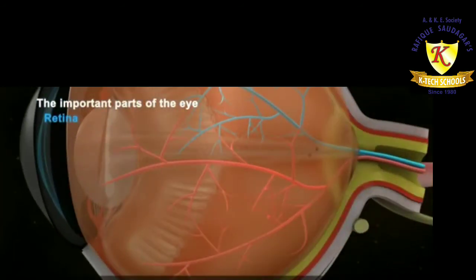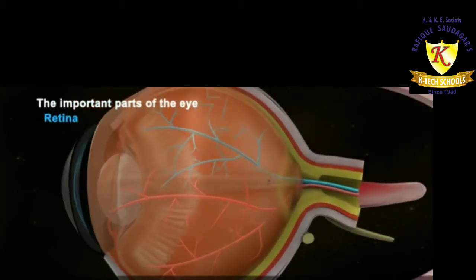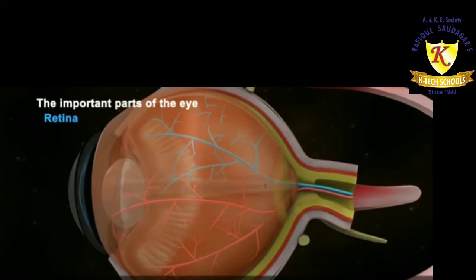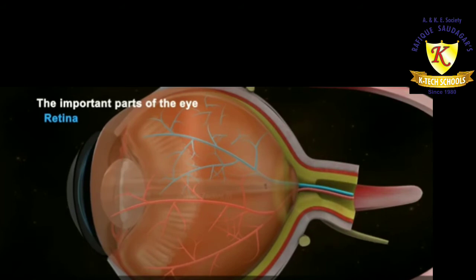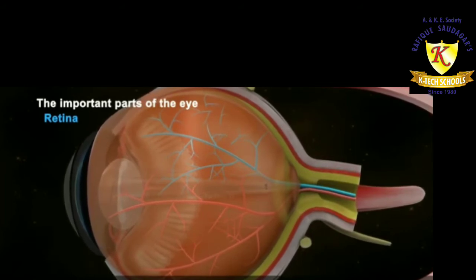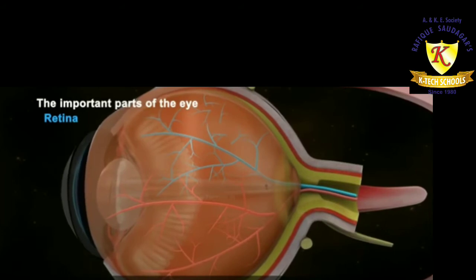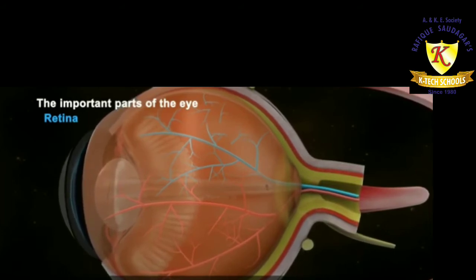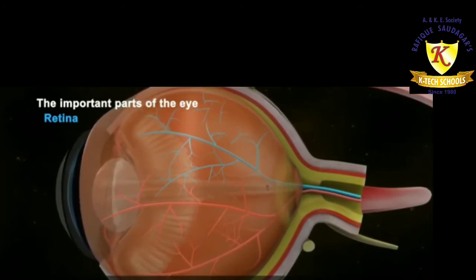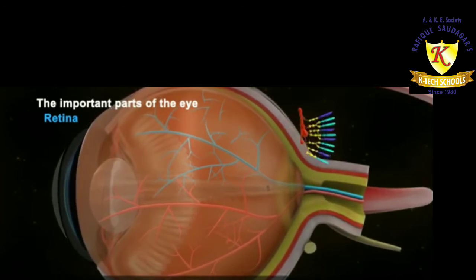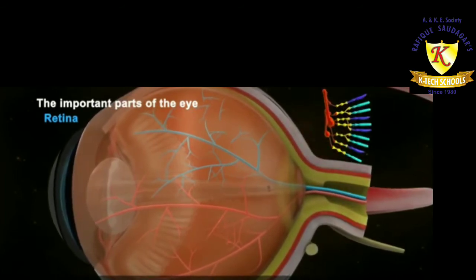Retina. The inner back surface of the eyeball is called the retina. It is a semi-transparent membrane which is light sensitive and is equivalent to the screen of a camera. The light sensitive receptors of the retina are called rods and cones.